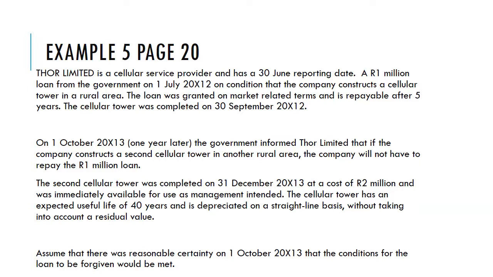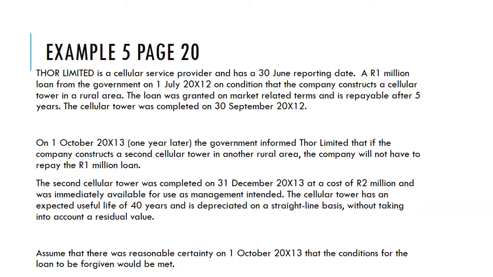Here is where the grant comes in, because now you don't have to repay the loan. And the loan was conditioned that a cellular tower be constructed. Therefore, it's asset-based. And because it is a reduction in a loan, so now we don't have to pay the loan back, it's a monetary loan because it has to do with money.